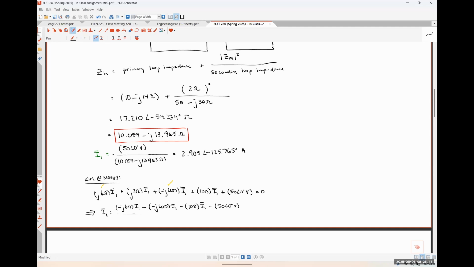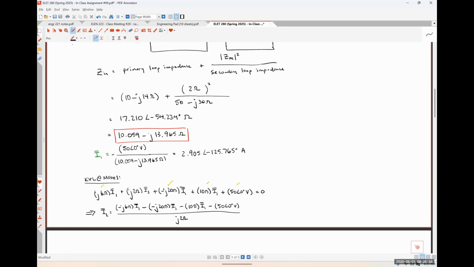And then I'm going to divide all of this by J2 ohms. So all four of these terms were moved from the left-hand side of the equal sign over to the right-hand side of the equal sign. And then I divided through by that factor of J2.